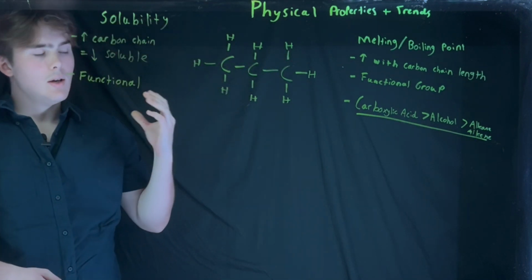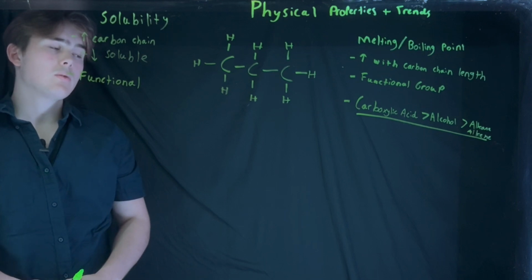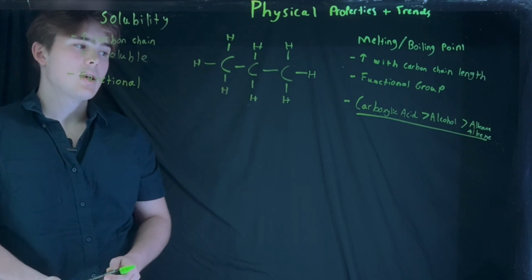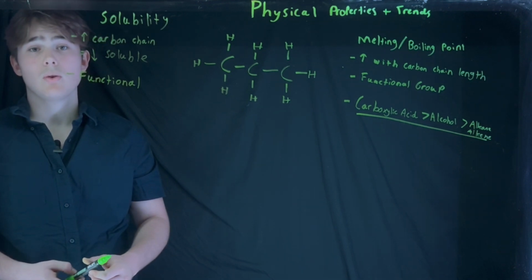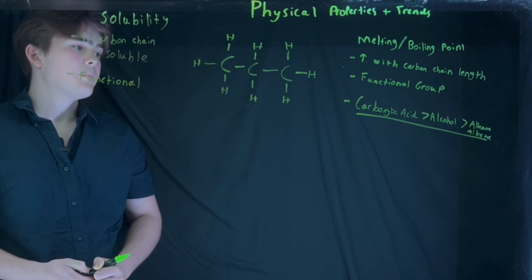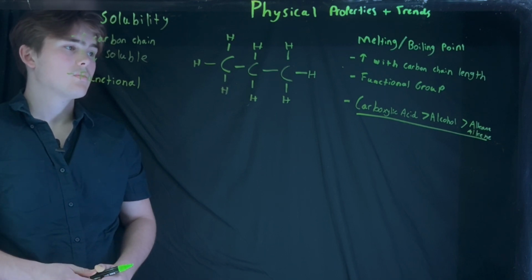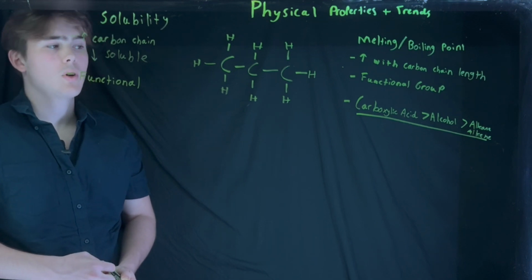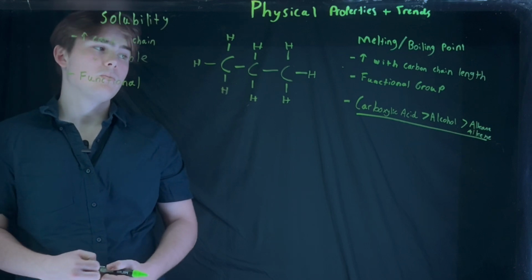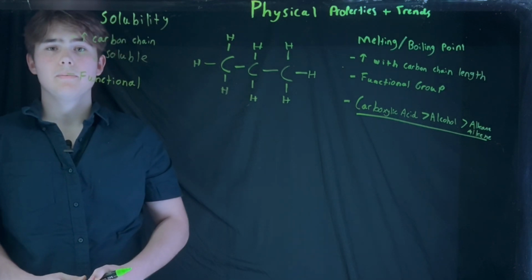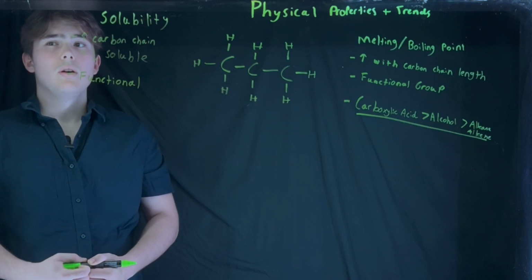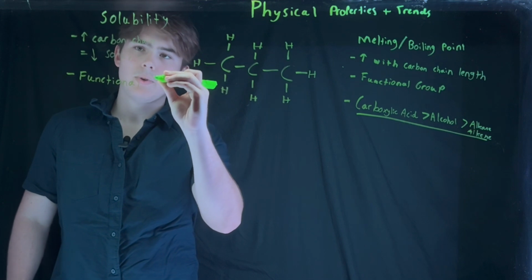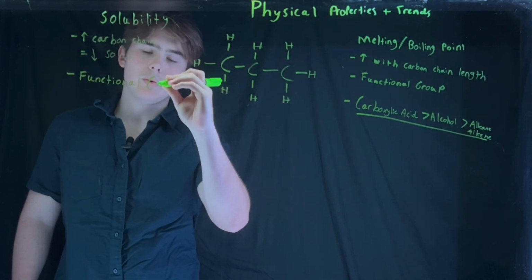So carboxylic acids and alcohols, they are both more soluble in water than alkanes, alkenes, and also alkynes as well. So any hydrocarbon is significantly less soluble in water than a molecule that has that hydrogen bond in it. Alright. So that's some things that determine solubility: the carbon chain length and also the functional group.